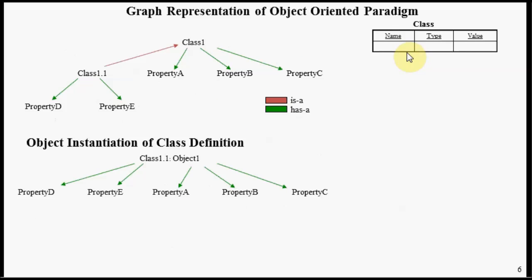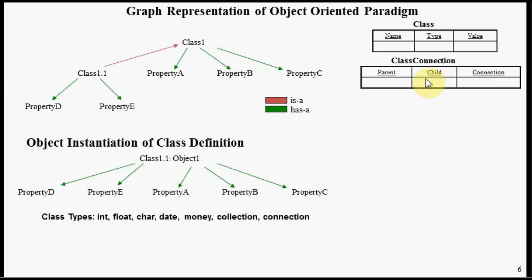So we have the notion of a class table here, which represents the nodes of our class graph. It's basically a name-value pair, and we have a type column here, and legal type values. This represents basic class types here. We have a class connection table of parent-child nodes here and a connection type here.